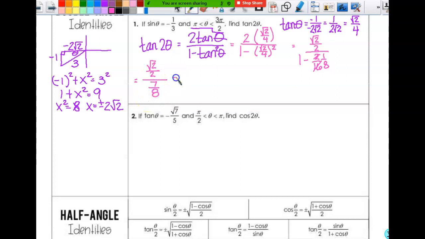Then I have a fraction and a fraction, so this is the square root of 2 over 2 times 8 over 7. That's 4. So that gives me 4 square root of 2 over 7, and that is tangent of 2 theta.